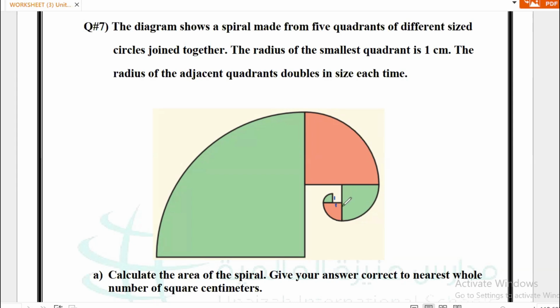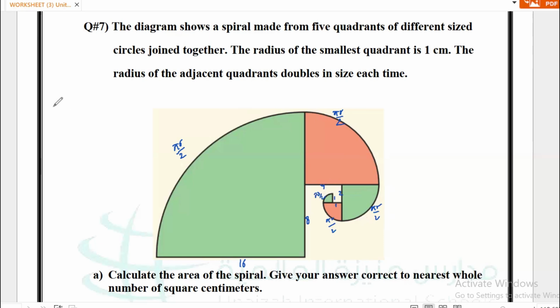This full is 4. So I will add 2. This is 4. And this is 8. This is 16. This is pi r over 2. Pi r over 2. Pi r over 2. Pi r over 2. And 5 times pi r over 2.